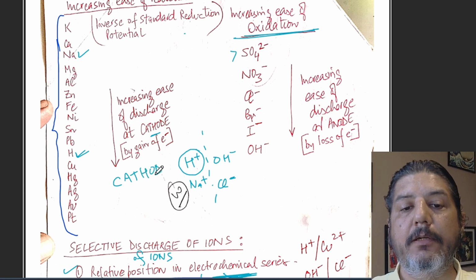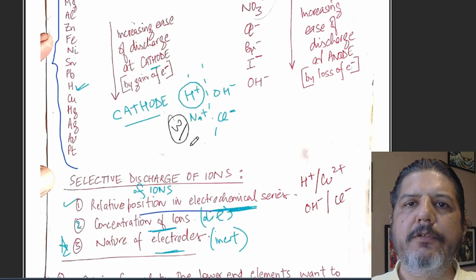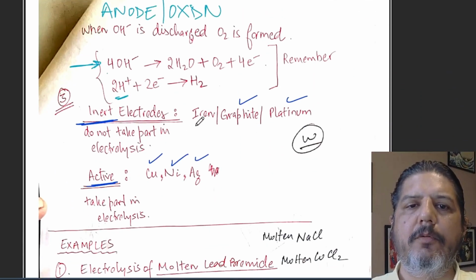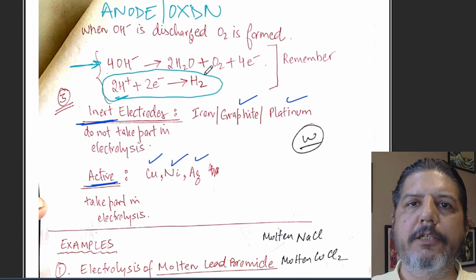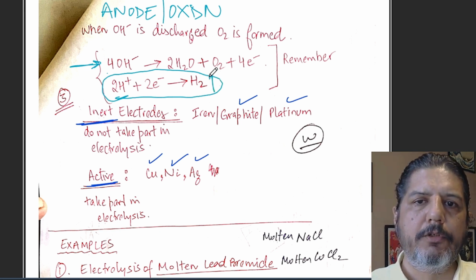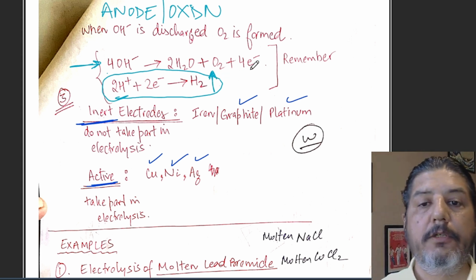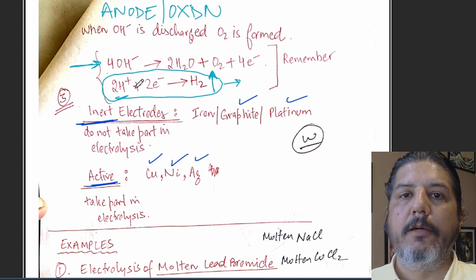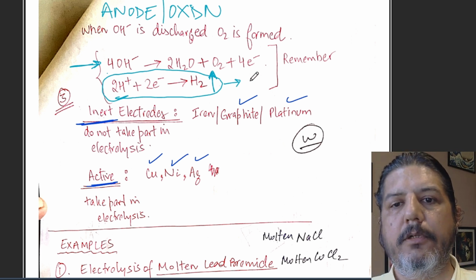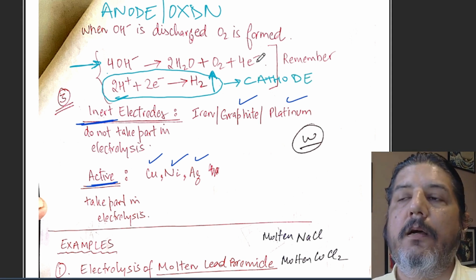Always remember, when H positive ions get discharged, hydrogen is always found. This is the equation we will be using: 2H+ + 2e- = H2. The H positive will be rushing towards the negative electrode, that would be the cathode, where it will be discharged.